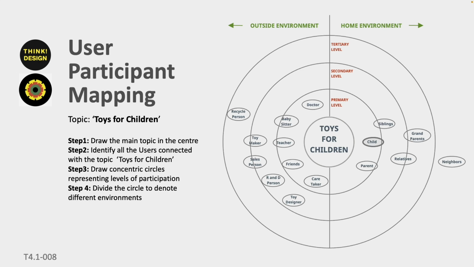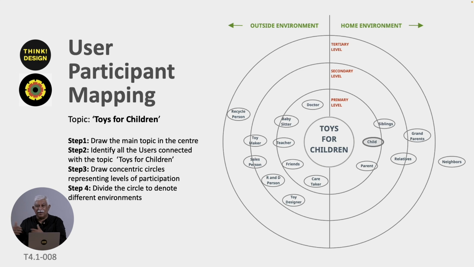We've looked at two environments, the home environment and the outside environment. In the home environment, the children are here, parents are with them, siblings are over there, and then you have relatives, grandparents and neighbors, right?